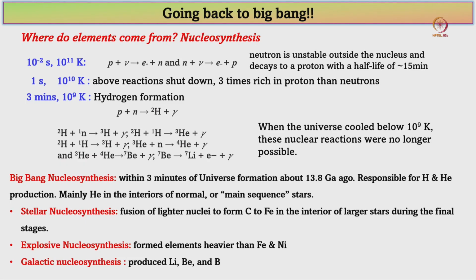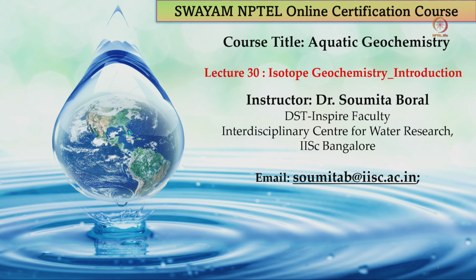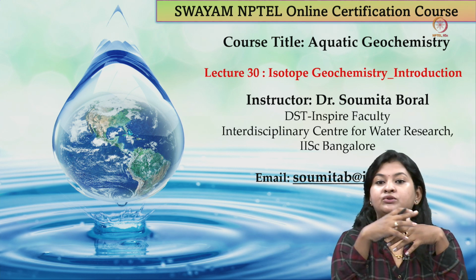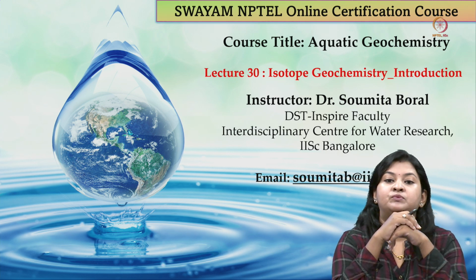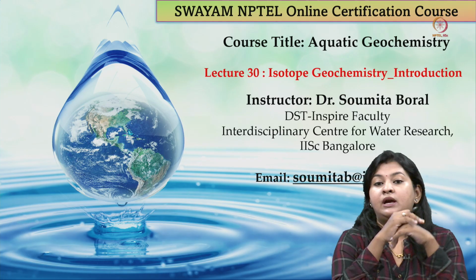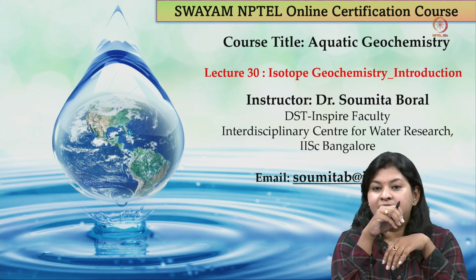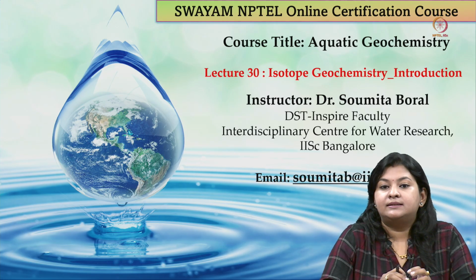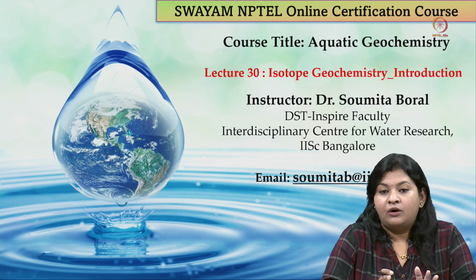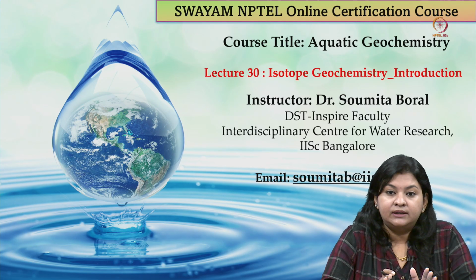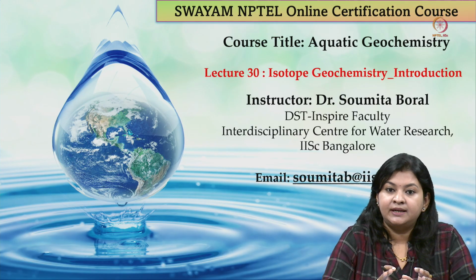Now, to understand isotope geochemistry, why do isotopes form? Why are some isotopes called stable isotopes, why are some isotopes called radioactive isotopes, why does radioactivity actually exist? This is dependent a lot on their nuclear stability, right.